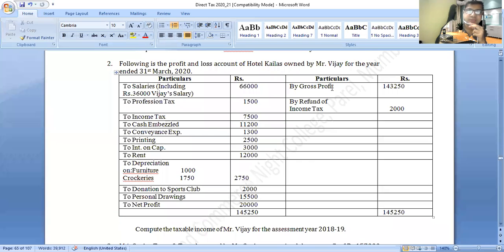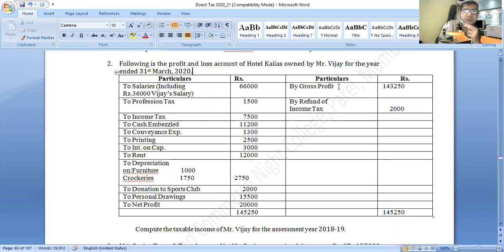Then credit side: gross profit 1,43,250, the refund of income tax 2000, total of both sides 1,45,250.